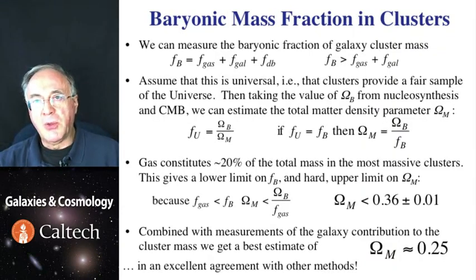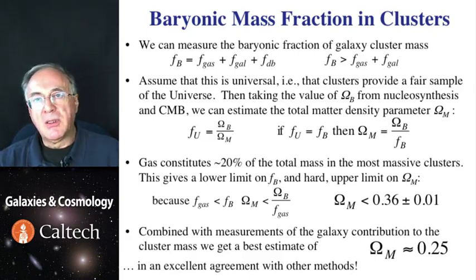A slightly different approach to this is to measure the baryonic fraction in clusters of galaxies. So the fraction of the total mass in baryons is the sum of the fraction in stars, in gas, and in dark baryons, which, as we already learned, are actually in the form of X-ray gas.